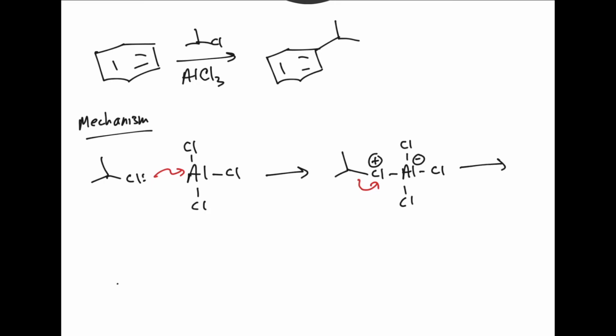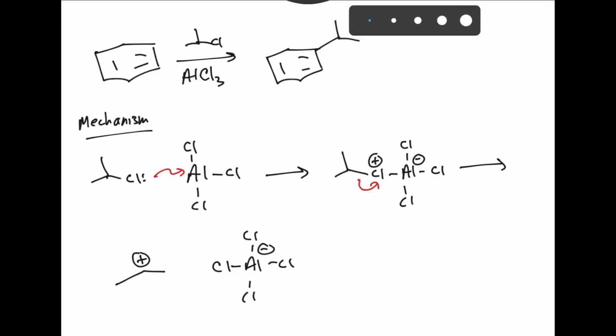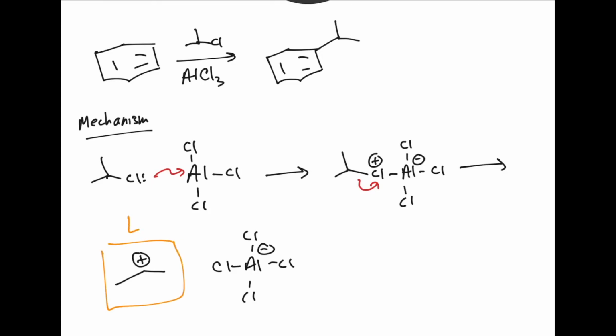You end up making a carbocation plus your aluminum complex. This carbocation is your electrophile. This is the thing that the benzene adds to.